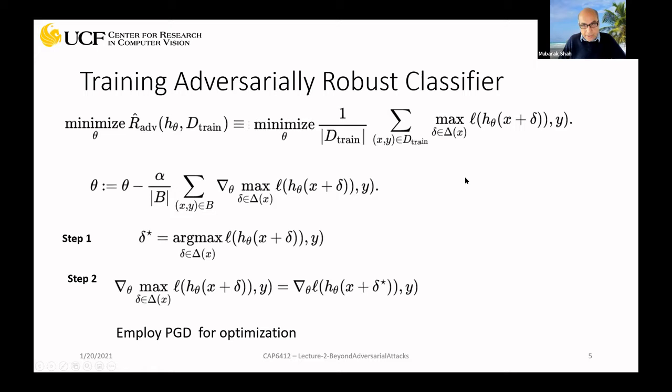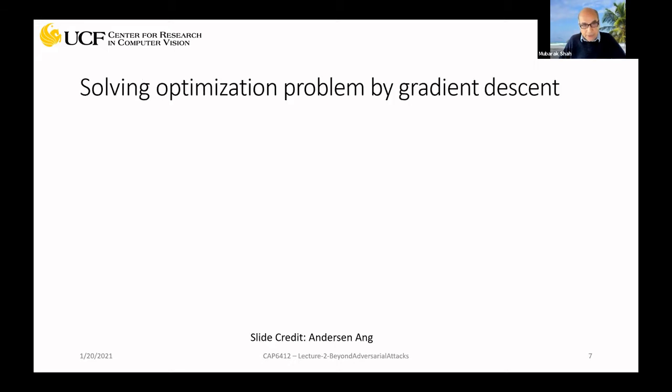We have two steps: find the maximum perturbation, which will maximize this inner loss, and then we do the standard minimization of that loss. So then, instead of using gradient descent, we'll use projected gradient descent, PGD.